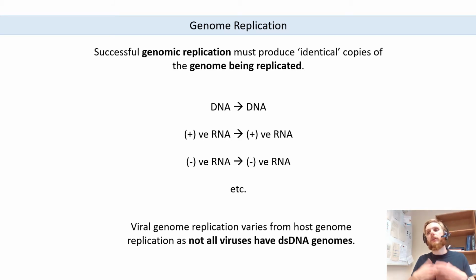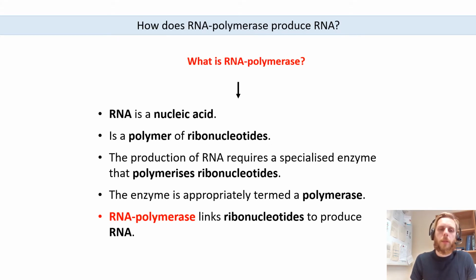They have to use different enzymes. So because some viruses do use DNA polymerase, we need to establish what DNA polymerase is. Of course, not all viruses use DNA polymerase, and not all viruses have DNA genomes. However, some do. So again, I just want to establish what it is.